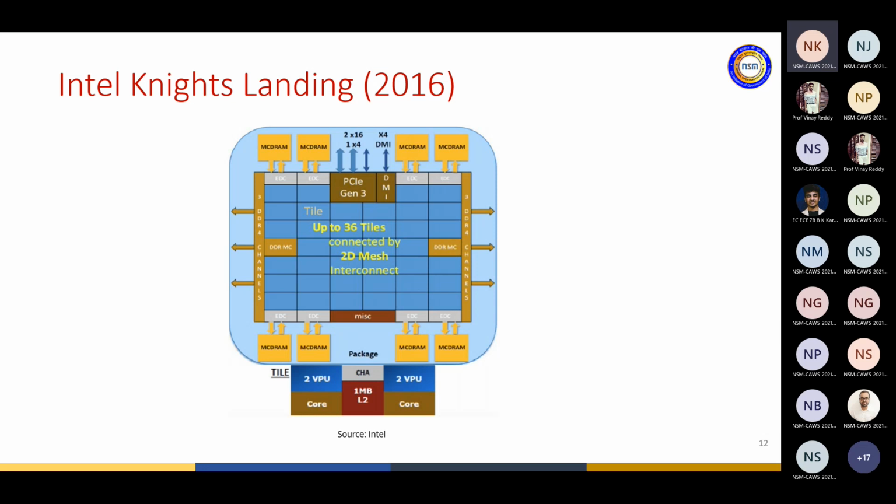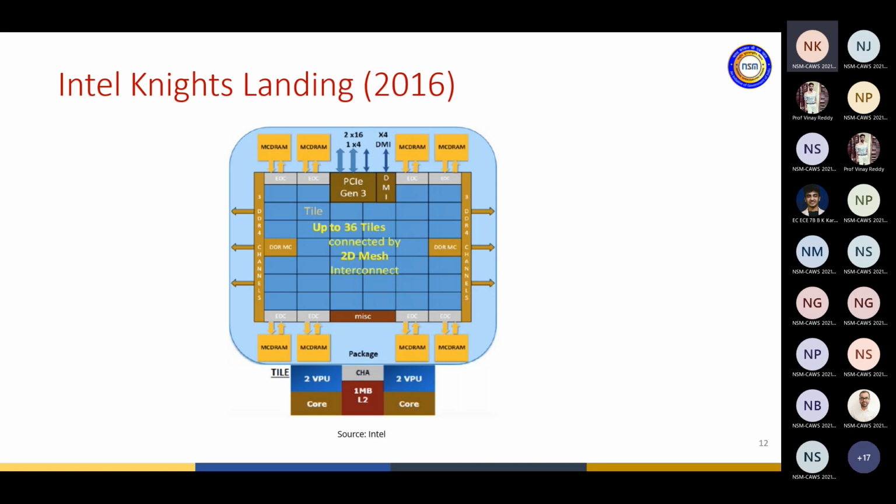Now, if you have 36 of these units, you need a good scalable interconnect, and they decided to go with a 2D mesh. A 2D mesh is nothing but just like a matrix, right? Each tile has two processing cores, and that's why I said it can host up to 72 cores. These two cores share the L2 and have private L1 caches.